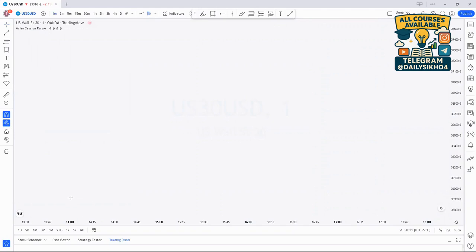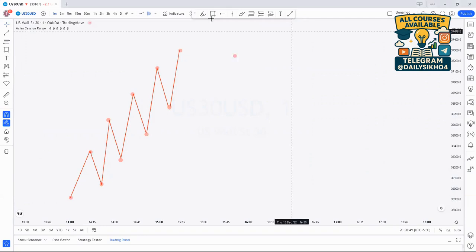Okay, so for a bullish structure, we need a low, a high, a higher low, and a higher high. Then the continuation happens. This is the basic market structure. Don't care about anything else than this just for today, because it's going to be very basic.